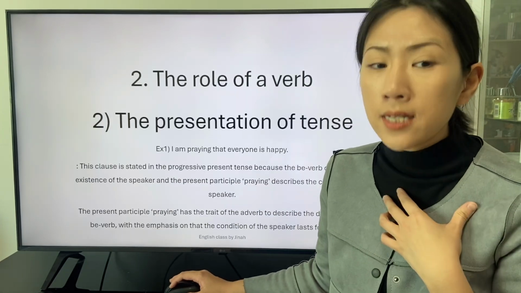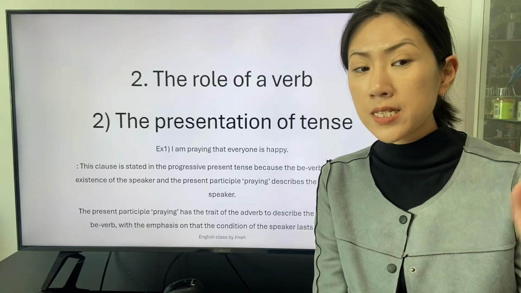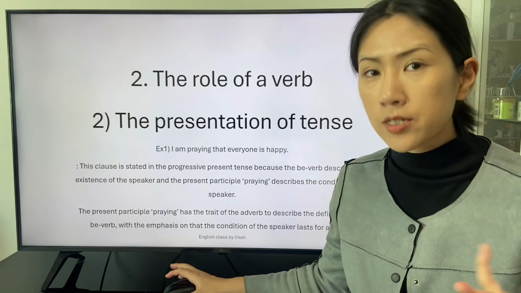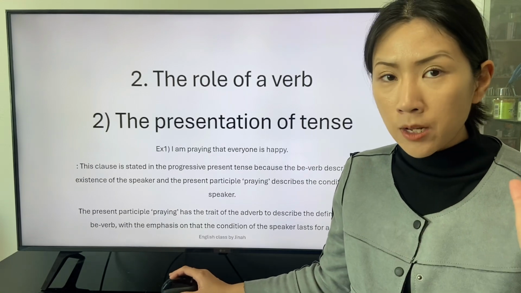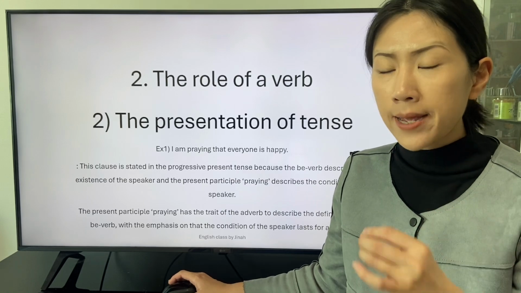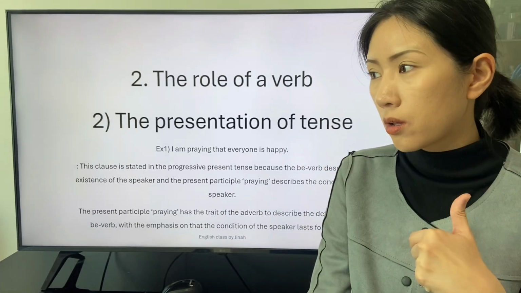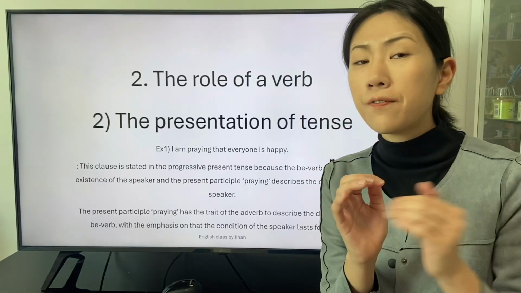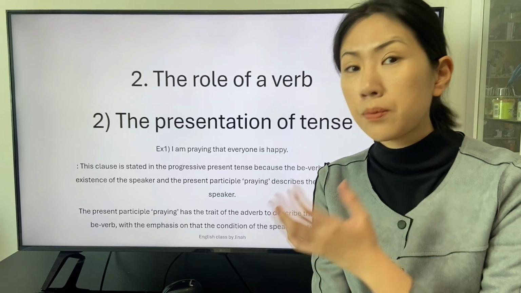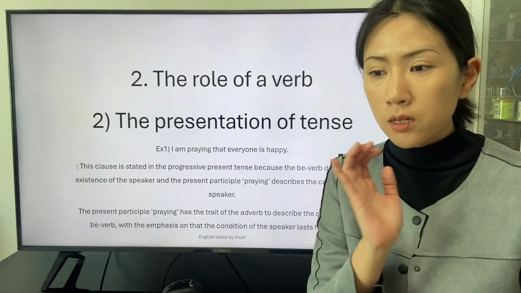I am praying that everyone is happy. The be-verb describes the existence of the speaker, and the present participle praying describes the condition of the speaker. The original form of the present participle praying is the verb pray.